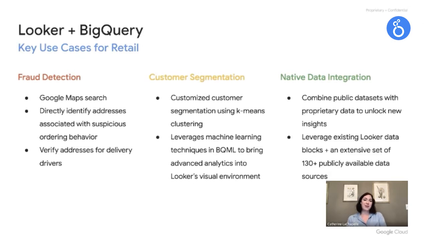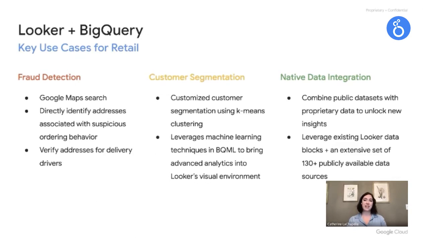Finally, we'll talk about native data source integration. By using BigQuery, you have access to a ton of different public data sets that BigQuery publishes and makes available for you. By blending that with your proprietary business data, you're able to unlock new insights in a really simple, straightforward way to help you make better data-driven decisions about your organization.